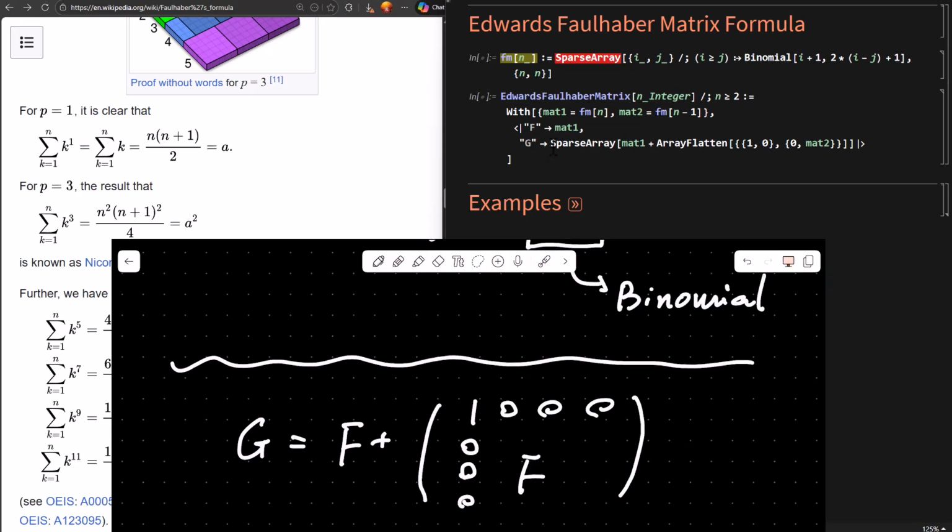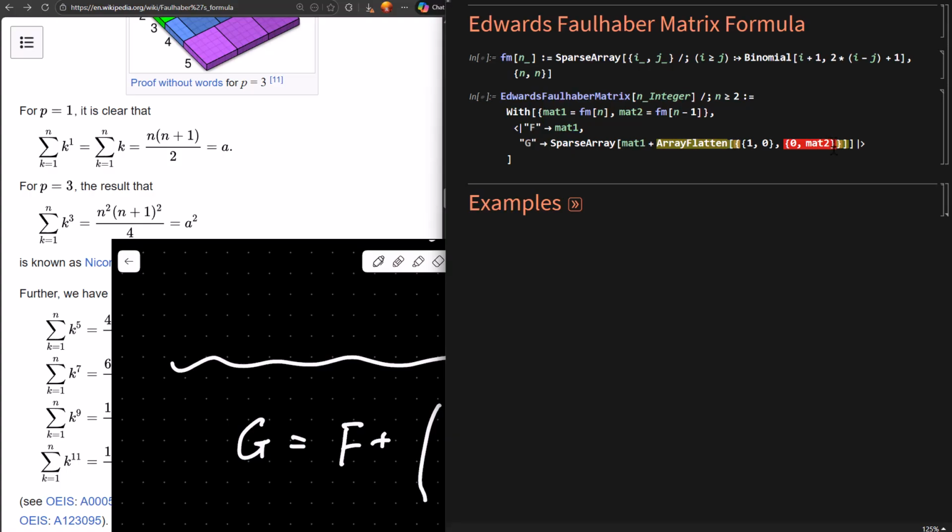Let's take a look at the implementation of G. G is a SparseArray, which is associated with F. F is mat1. And the second part is using 1, 0, 0 mat2. This is syntax sugar that matches exactly this formula. So the first line is 1, 0.